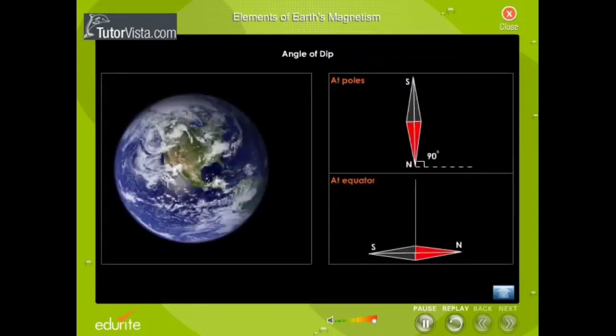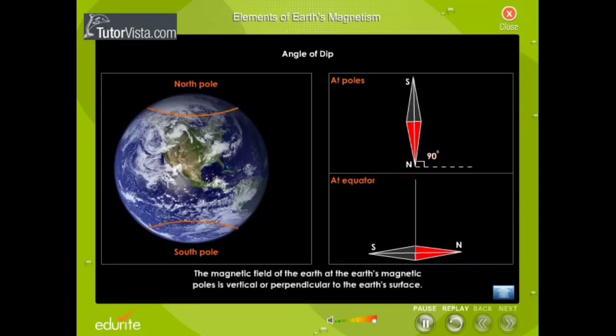Displayed here are the positions of the magnetic needle when placed at Earth's magnetic pole and at the magnetic equator. What do you observe? We observe that at the Earth's magnetic poles, the magnetic needle directs in the vertical position and, therefore, the angle of dip is 90 degrees.